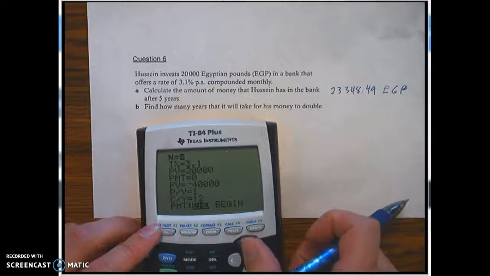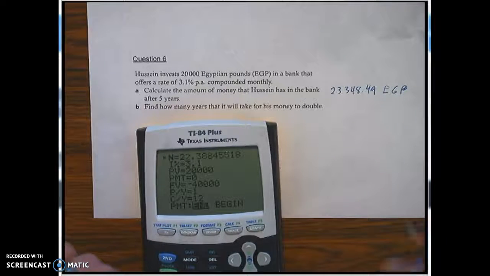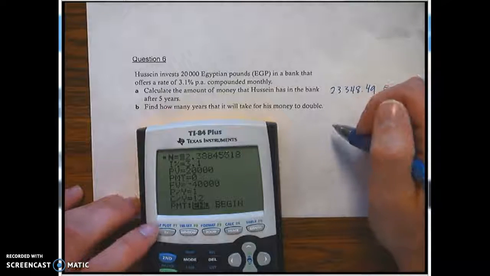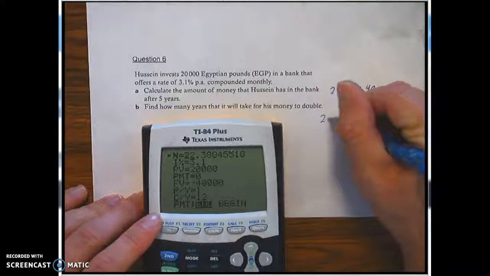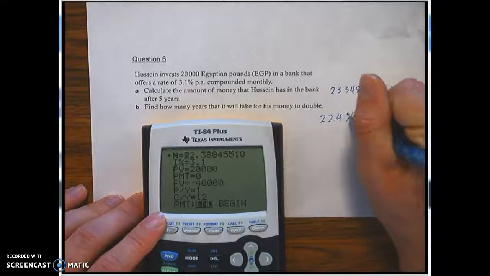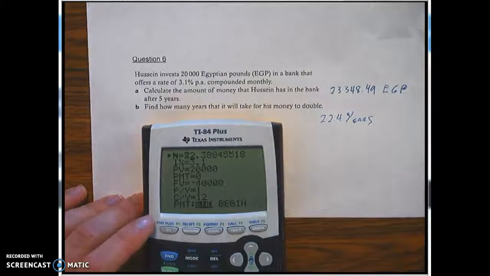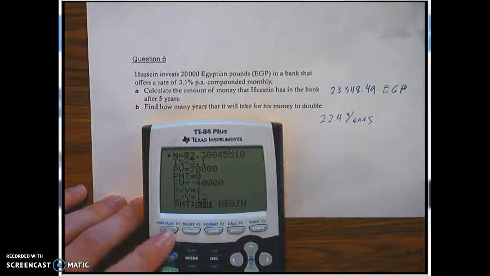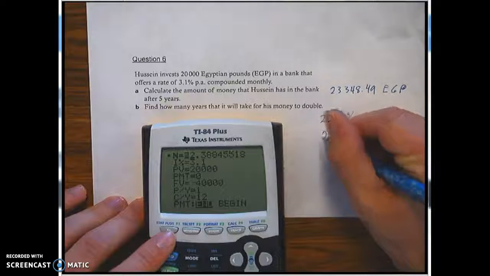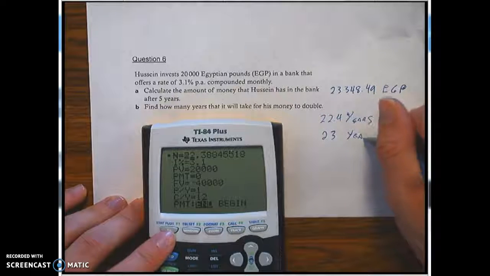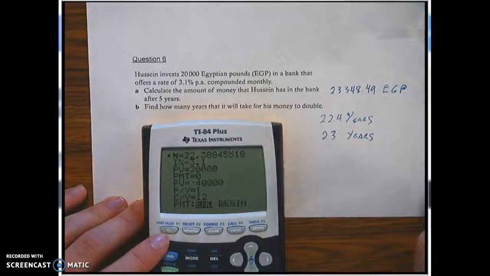Now if I go up to the n and do alpha enter, I can see it's going to take 22.4 years to double. But since it's compounded monthly, it's kind of arguable. You might also suggest that it's 23 years to double. Either one of these answers is fine.